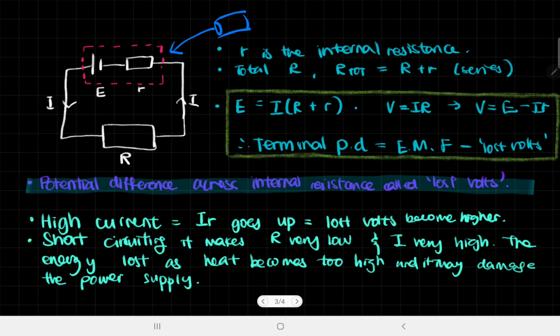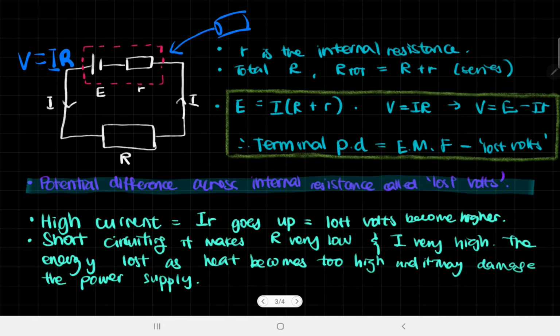So what we can see here is that this external resistance and the internal resistance are in series, which means the total resistance, total R, is going to equal the external resistance plus the internal resistance because they are in series. And so, you might have heard of the equation V equals IR.